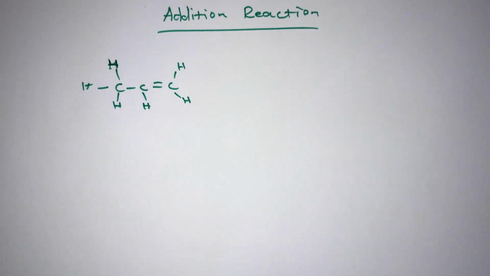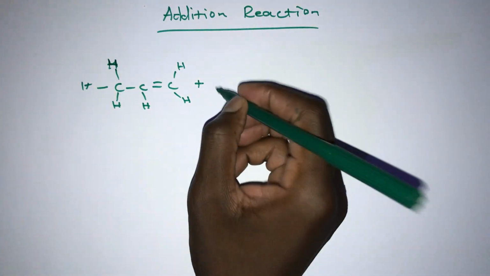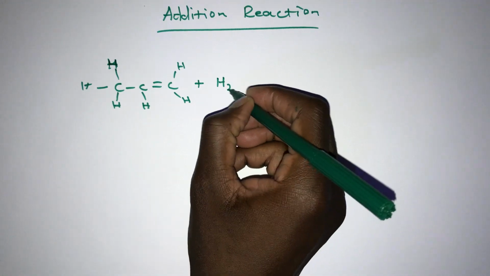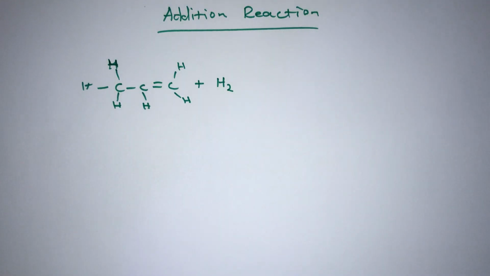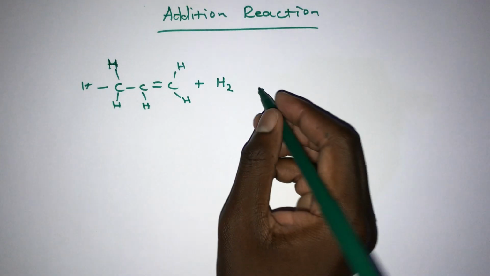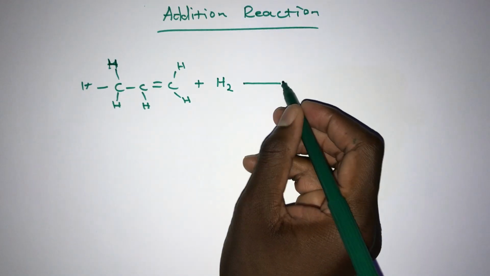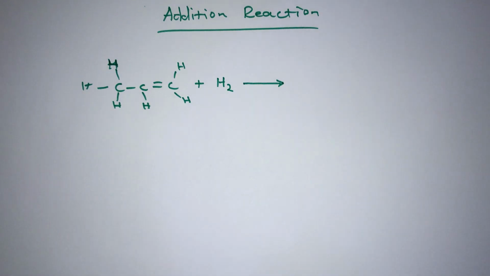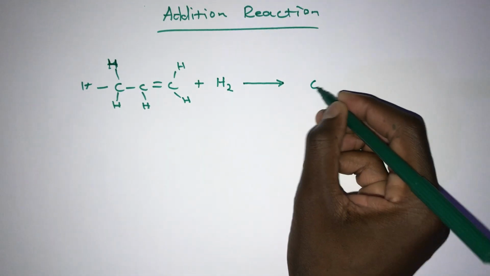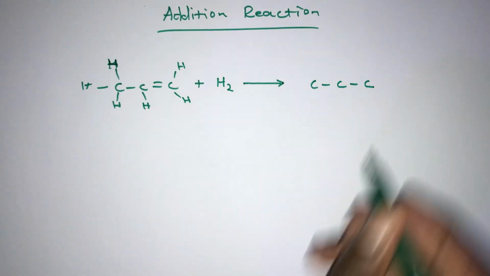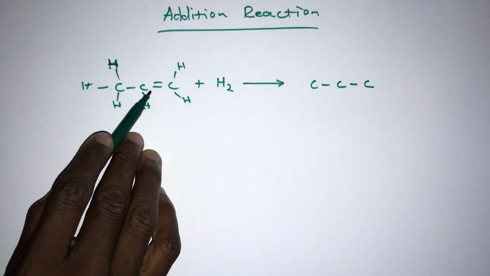We are adding something here. Let's say we add H2. We are adding hydrogen atoms. This is the product now. We're going to have these 3 carbon atoms, 1, 2, 3. We break the double bond now.